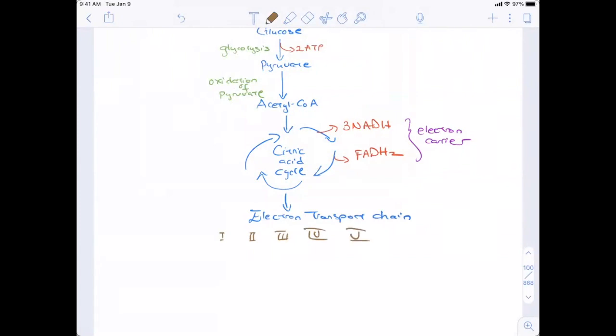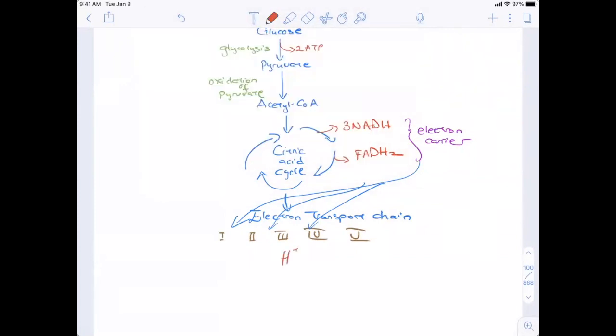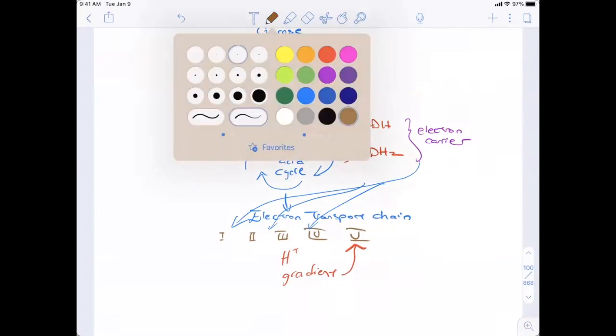Okay, so at this point, all of the electrons that we have in NADH and FADH2 can now begin to come down and dump the electrons in the electron transport chain. And when they dump all the electrons, they generate a proton gradient, which is pretty much just a bunch of hydrogen ions that ultimately would power complex 5. Complex 5 is also called your ATP synthase.